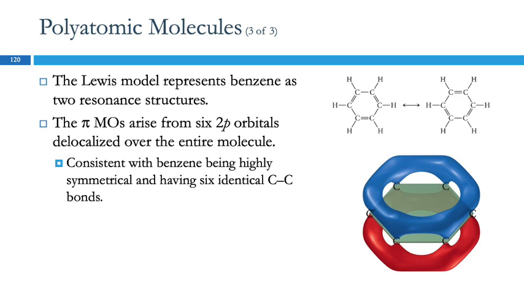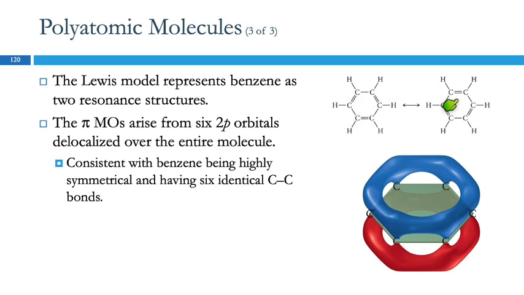And this slide right here is really the reason we talk to you about molecular orbital theory at all. This is a molecule called benzene, which is really important in organic chemistry. It's a ring of 6 carbons with, in Lewis theory, alternating single and double bonds.